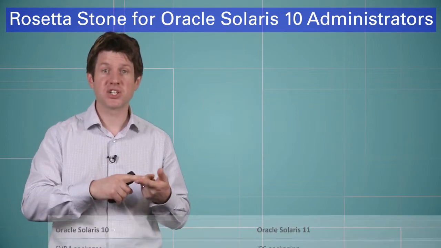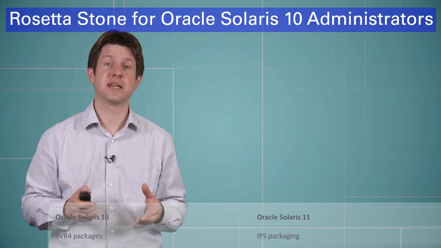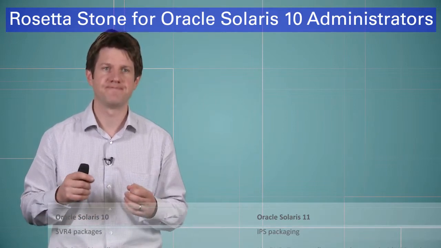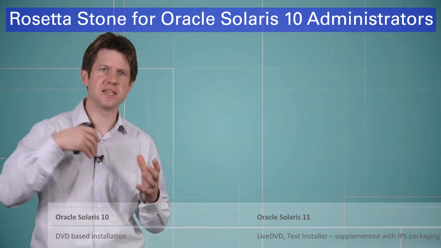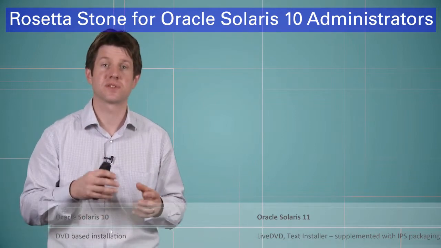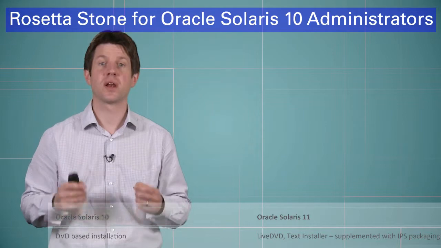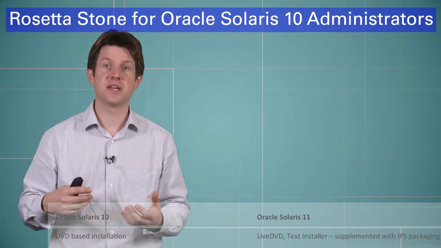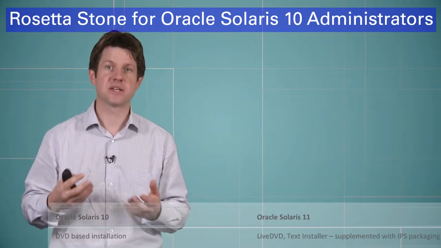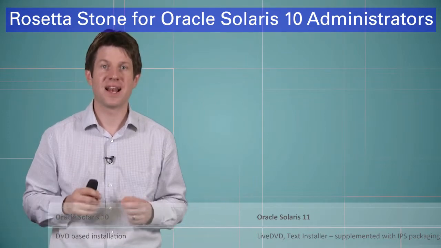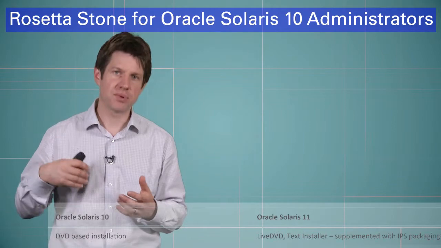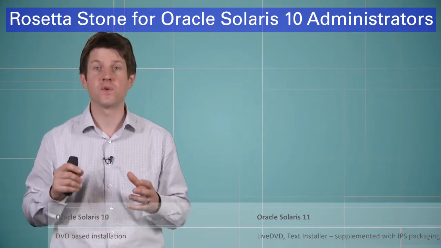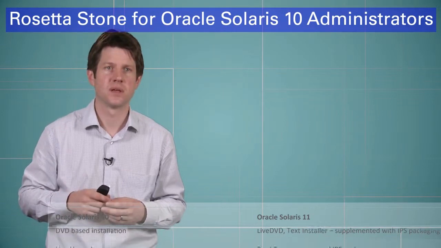SVR4 packaging and patching in Oracle Solaris 10 has been replaced with the Image Packaging System, a new network-based package management system. Some of the legacy DVD installation mechanisms in Oracle Solaris 10 have been replaced with more lightweight installation, offering a live DVD experience to boot a system up in memory and evaluate it, through to a simple text-based interactive installer, specially designed for server-based environments.